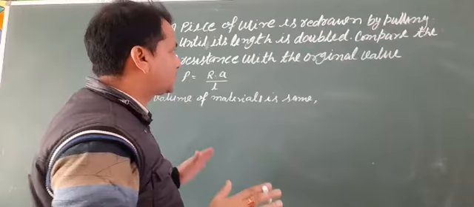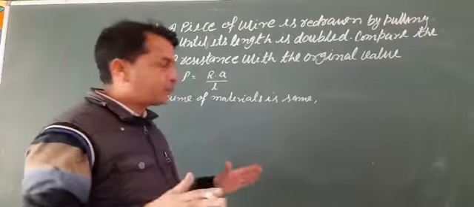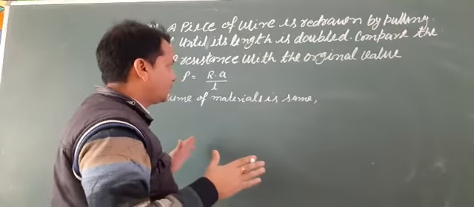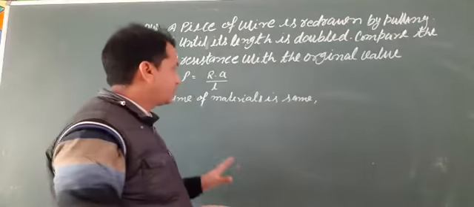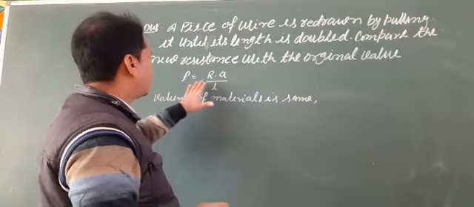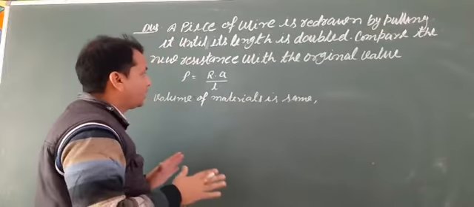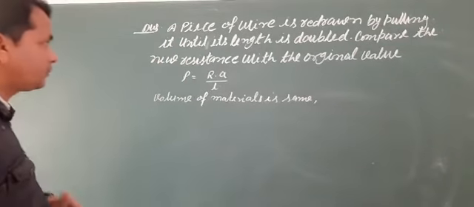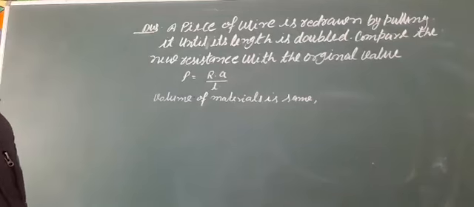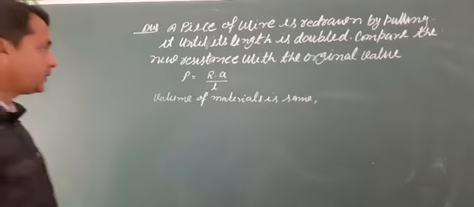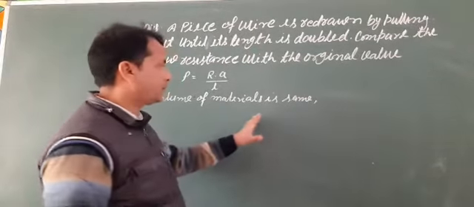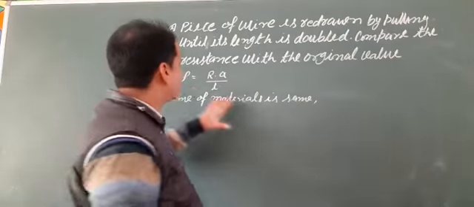If the length is double, then the area of cross section gets half, because we know that resistance is directly proportional to the length of wire and inversely proportional to the area of cross section. So the volume of the material of the wire remains the same.